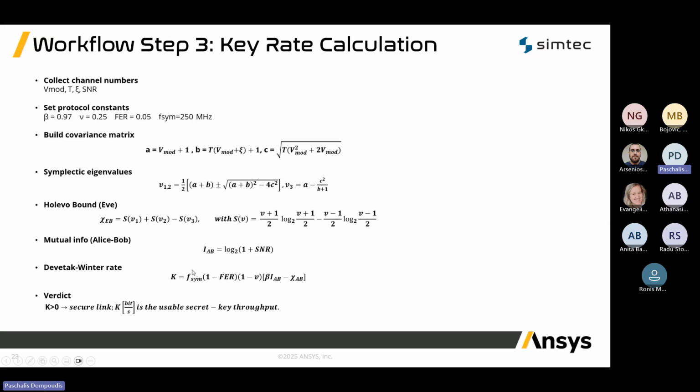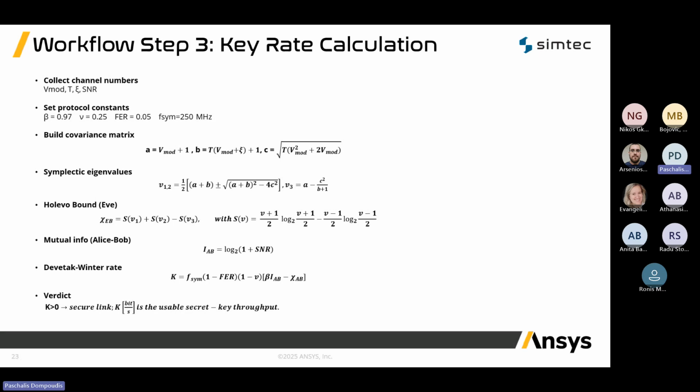We have the pulse rate, the fraction of frames that decode cleanly, and then the fraction of symbols we did not reveal for parameter estimation. And the product of this formula is the key rate.